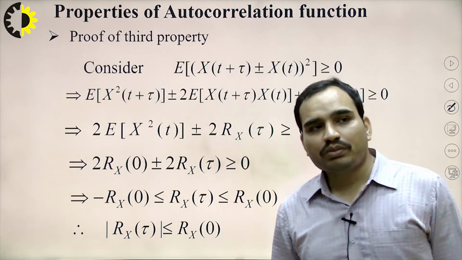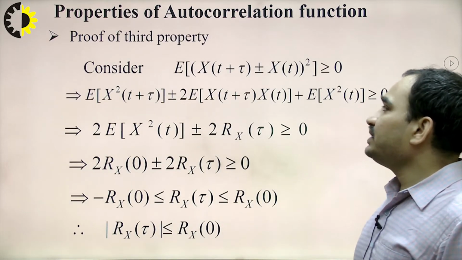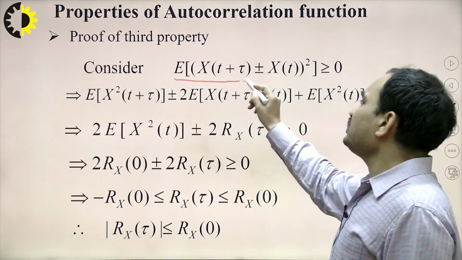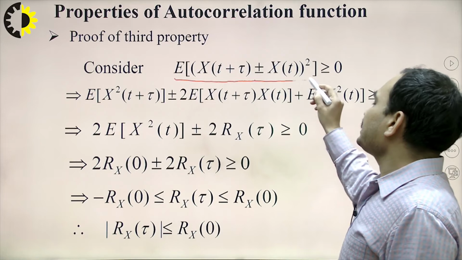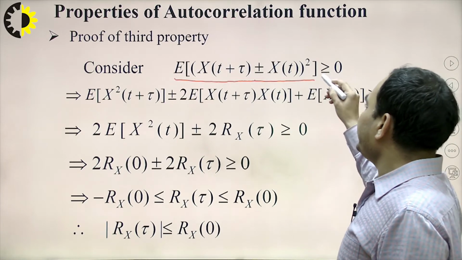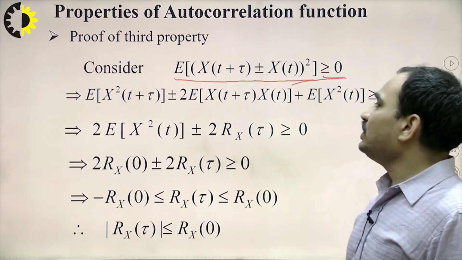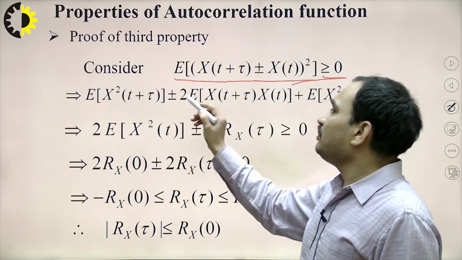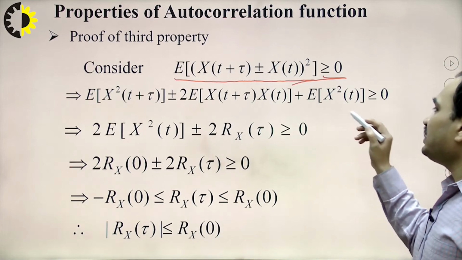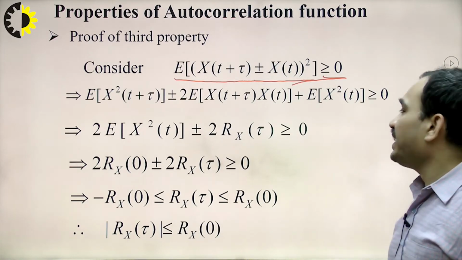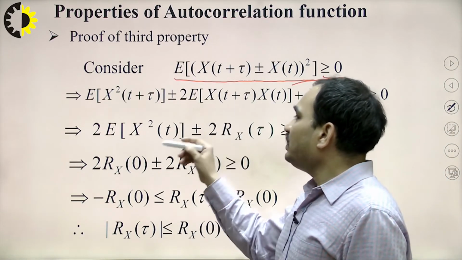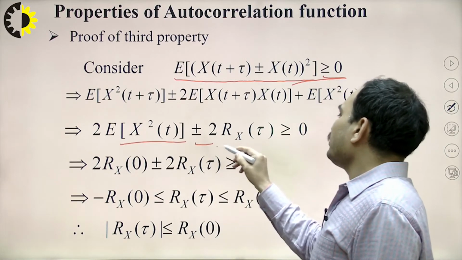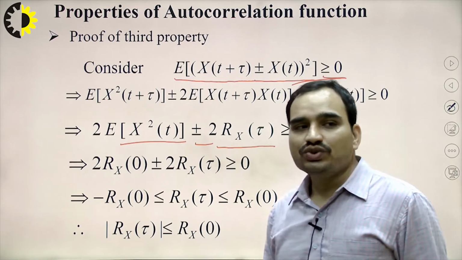Now this is the proof of the third property: the expectation of (x(t plus tau) plus minus x(t)) whole square is greater than or equal to 0. We can expand it as (a plus minus b) whole square, which is a square plus minus 2ab plus b square. After expansion, we get twice the expectation of x square t plus minus twice Rx(tau), which is greater than or equal to 0.